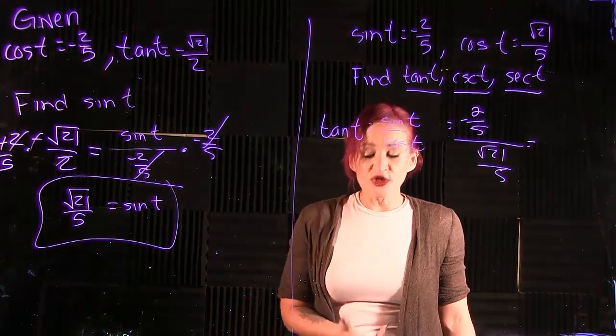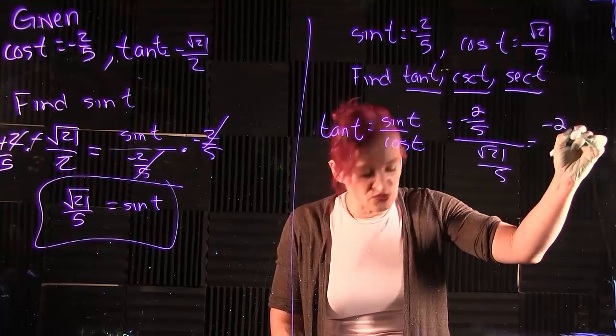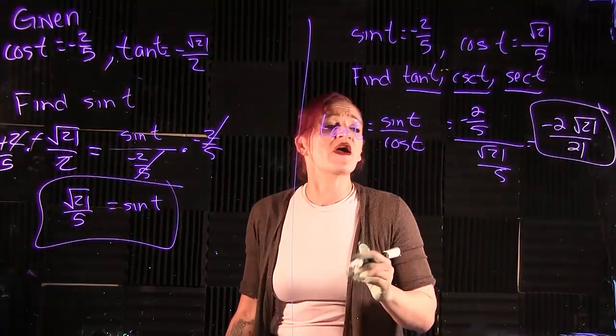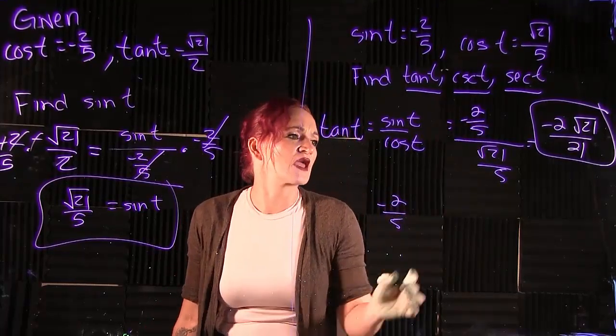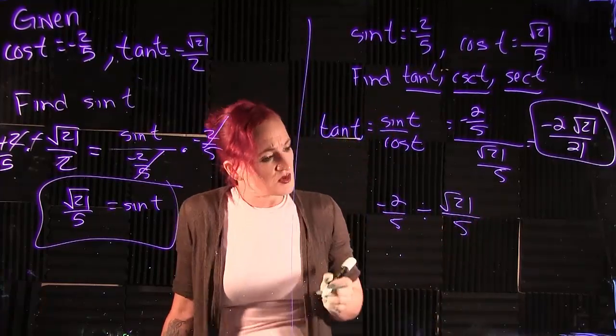When you throw that into your calculator and simplify, you are left with a negative 2 square roots of 21 over 21. Simplifying this by hand real quickly, take your numerator, the negative 2/5, and divide it by your denominator, the square root of 21 over 5.